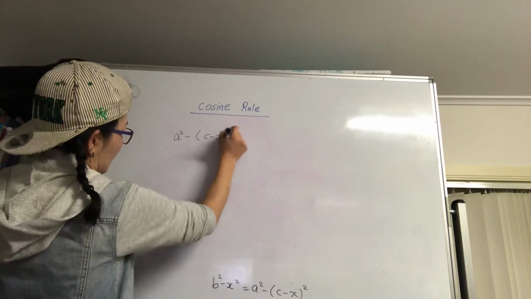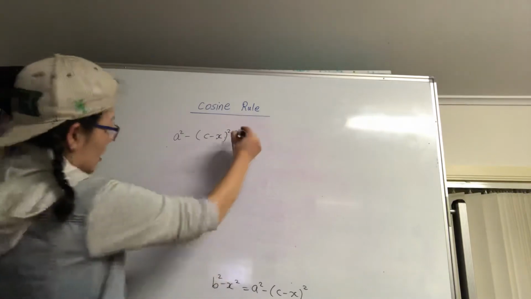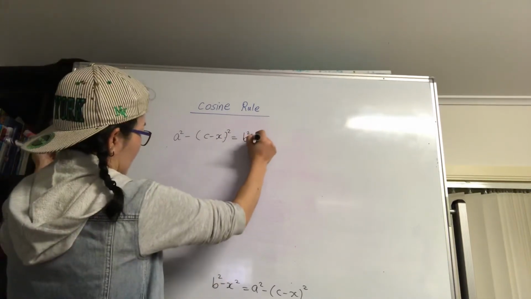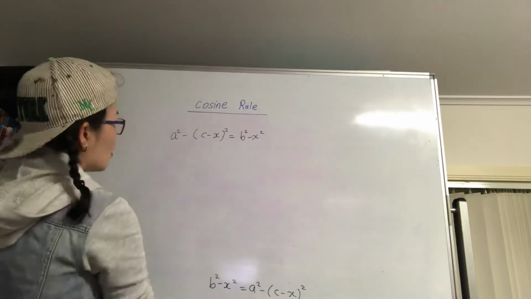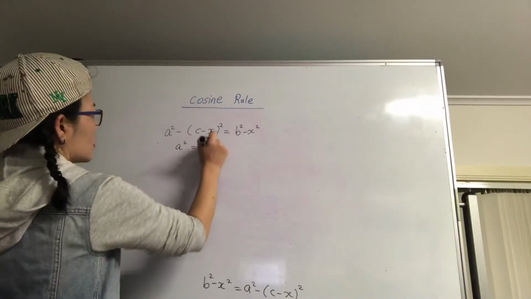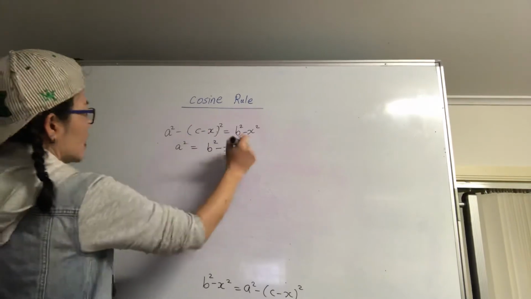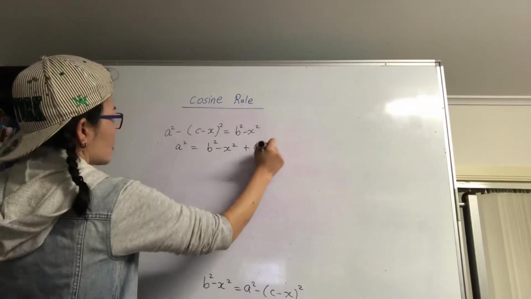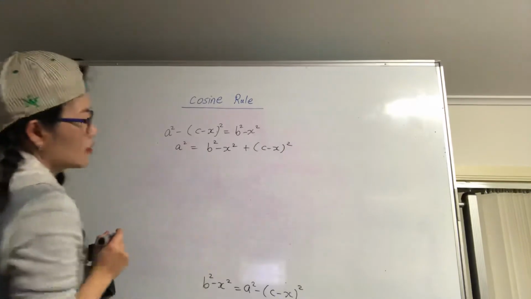It's just easier for me, so I don't have to move A squared anywhere, because it's all on the one side. So A squared equals, I'm going to move this one to C minus X squared.